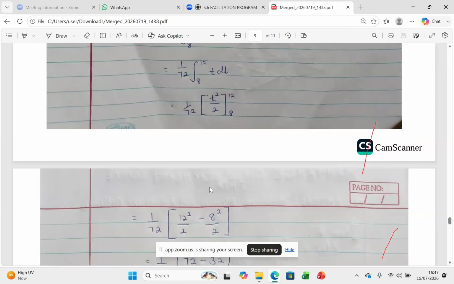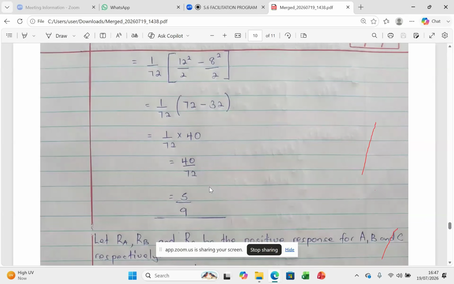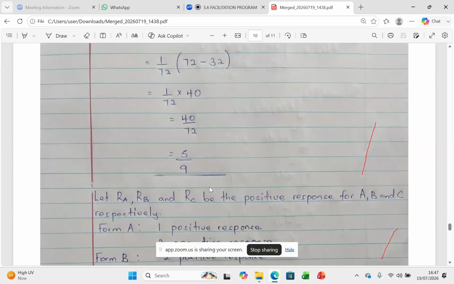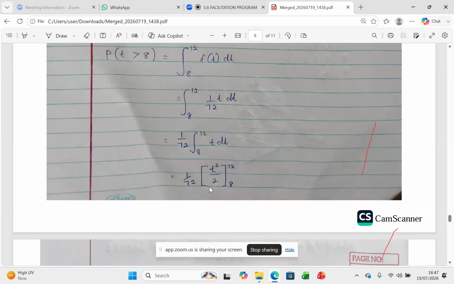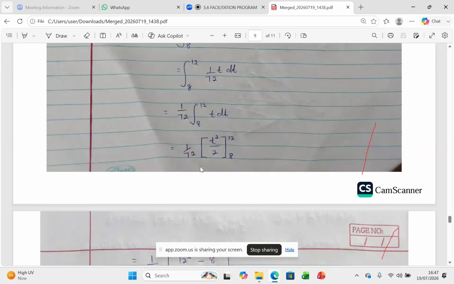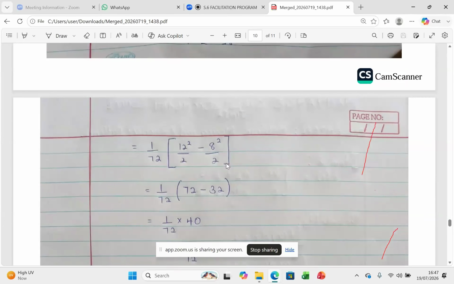After integrating, we got the probability for the time. So after integrating, you substitute in like that, where you substitute in the upper limit minus the lower limit.